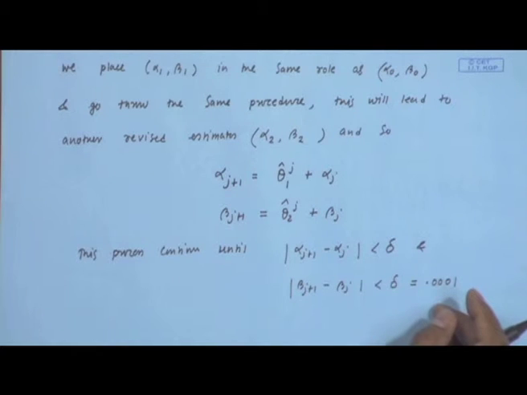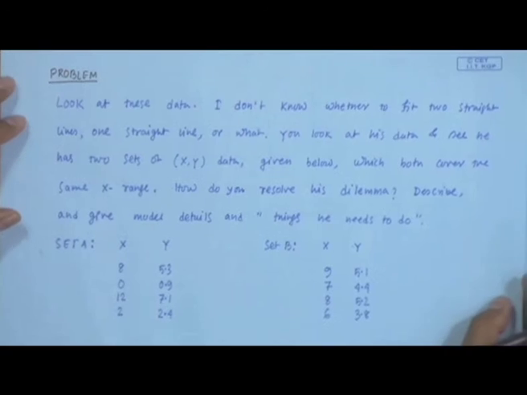Well, so this is the first example from nonlinear estimation. Next, we will consider a problem from dummy variables. Dummy variables are utilized to separate blocks of data. So, here is an example.